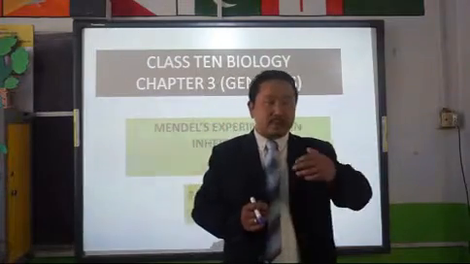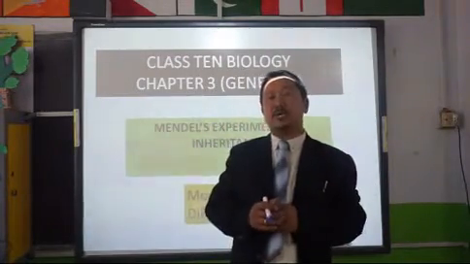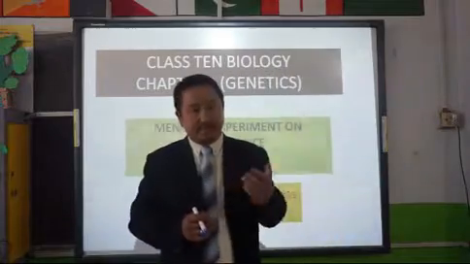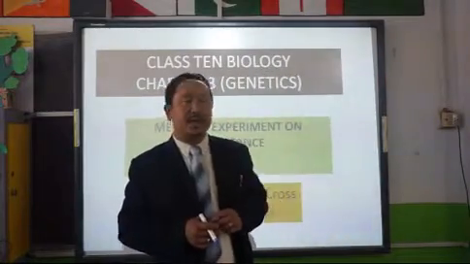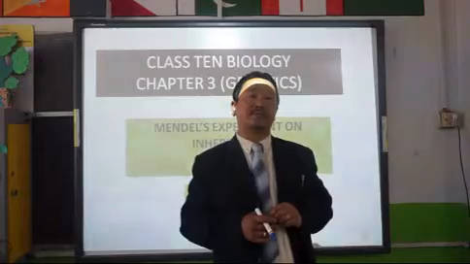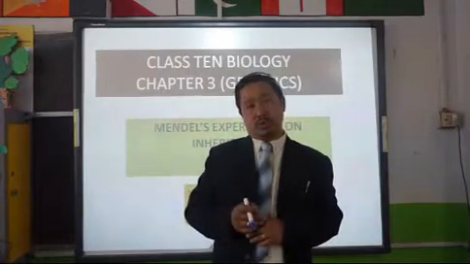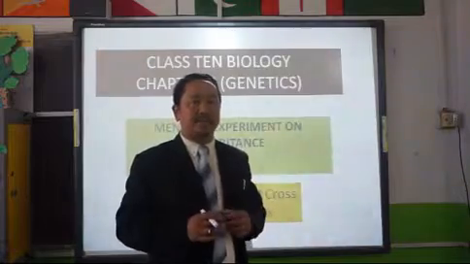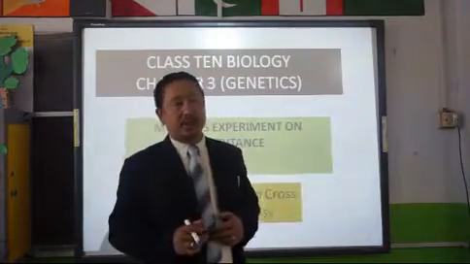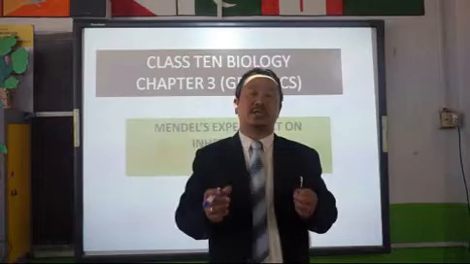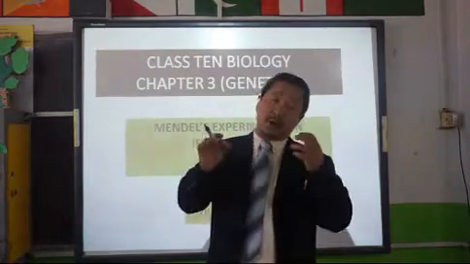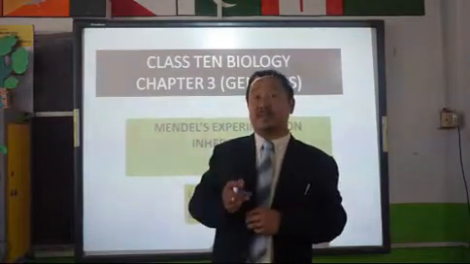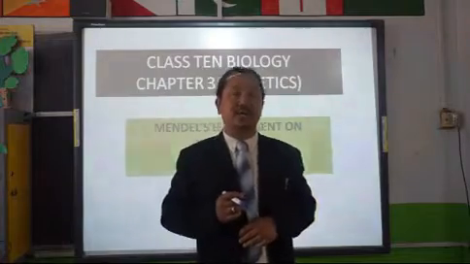After completing his graduation, he came back to his monastery, and he spent the rest of his life as an abbot in the monastery itself. The monastery had a huge garden where they used to cultivate peas. It is the pea plant, Pisum sativum, its botanical name.